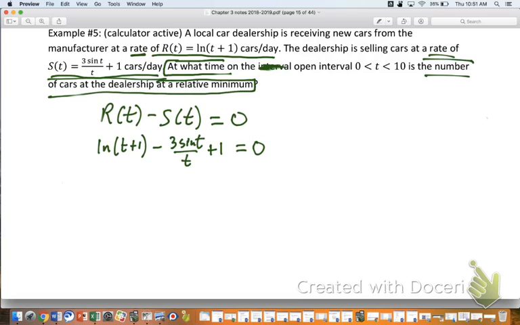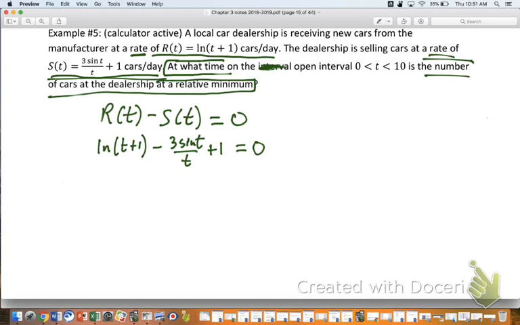Does that make sense? Aren't R of t and S of t already related to the rate of change of cars? In other words, those are already the derivatives. Those are already the rates of change of the number of cars. It's going to be real tempting to think, I'm in a calculus class, the derivative is a thing that I do sometimes, and so I better be doing it every time I do a question, right?